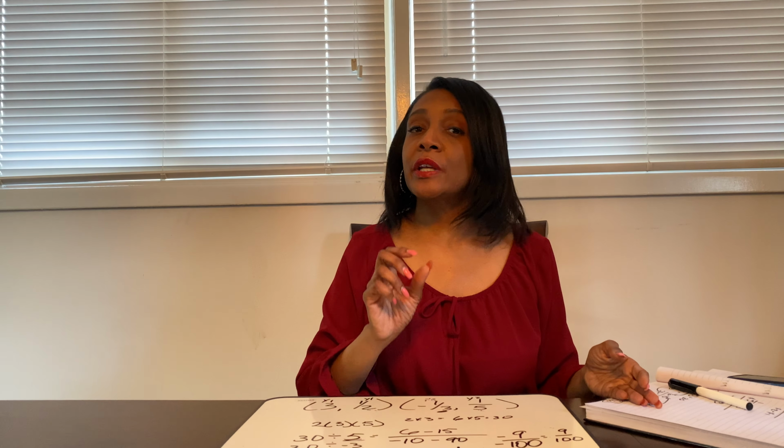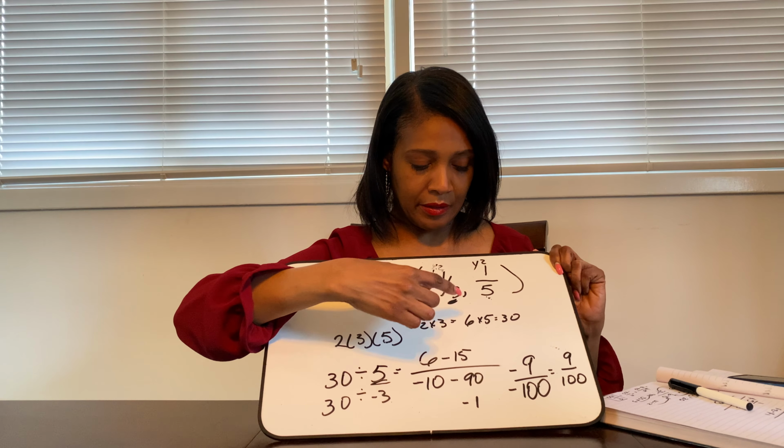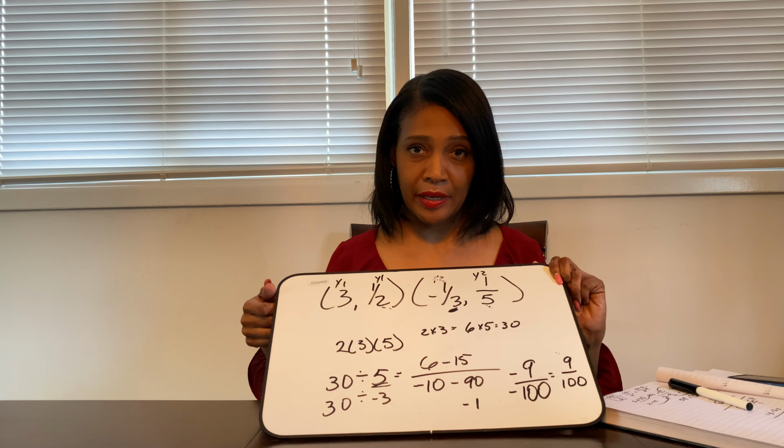And then you have to take your denominators. You are going to multiply your denominators only, which was 2 times 3, and then that answer times 5, and we arrived at 30, okay? From that point, you just simply subtract the numbers, make sure you watch your negatives and your positives, and your answer should come out completely fine.